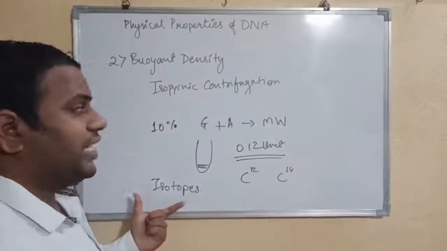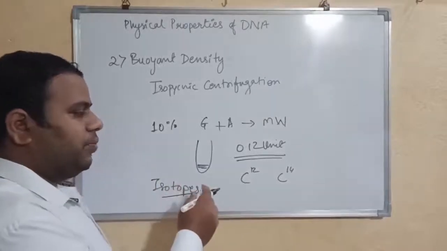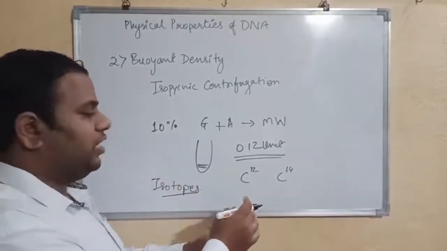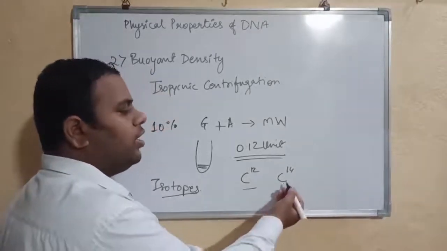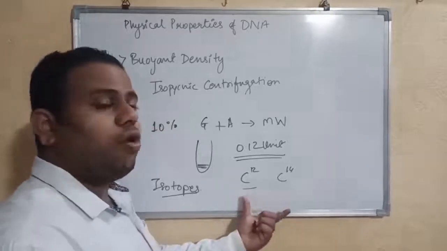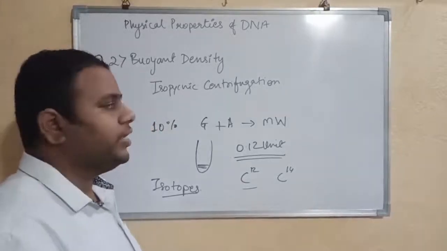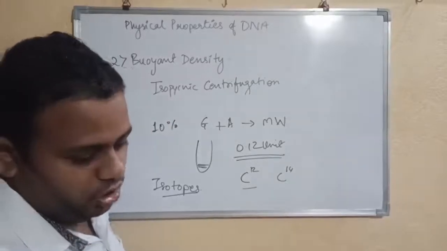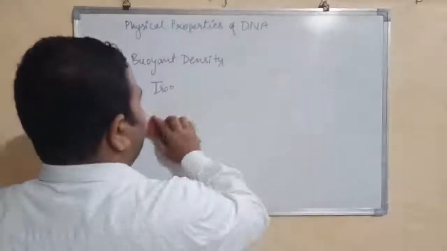So this technique is so sharp that it can even separate the difference of isotopes also, for example carbon 12 isotope and carbon 14 isotope. Such a small difference in the weight of the two elements also can be separated using this kind of centrifugation. Okay, so let's go to the next property of DNA.